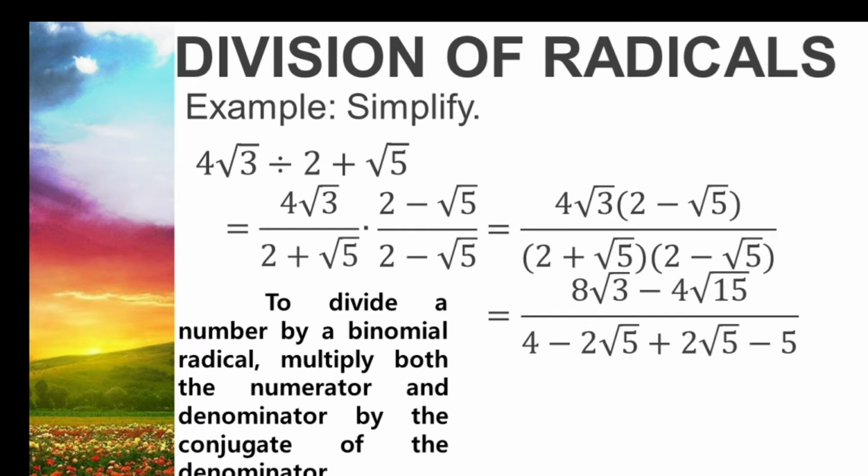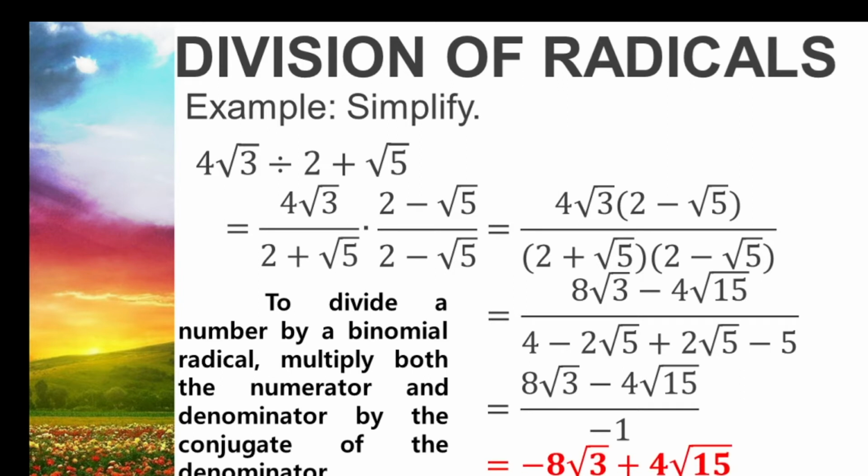So simplifying further, we have 8 square root of 3 minus 4 square root of 15 over negative 1, which could be further simplified as negative 8 square root of 3 plus 4 square root of 15.